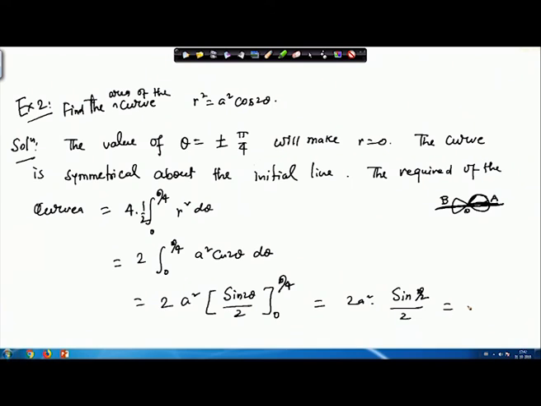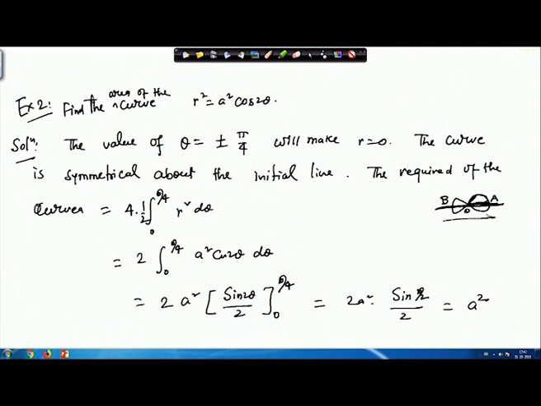So, that means this will ultimately be a square. Yes. So, the required area of this, this is also called a lemniscate of Bernoulli, and the curve actually looks like this.